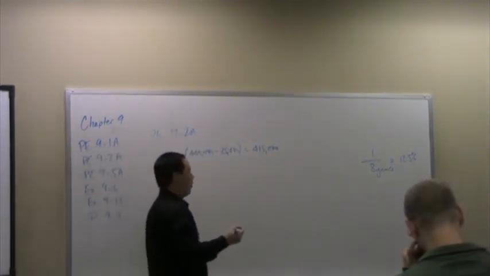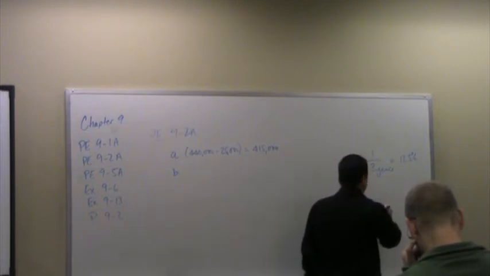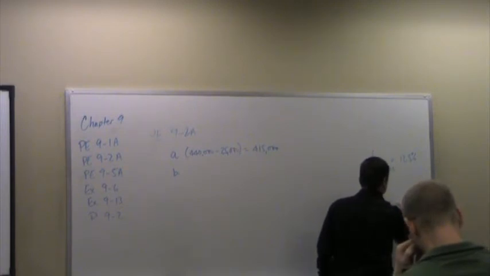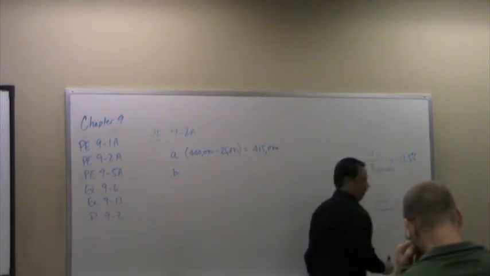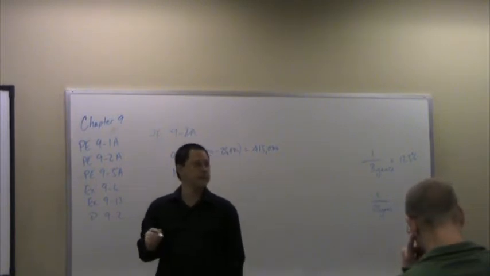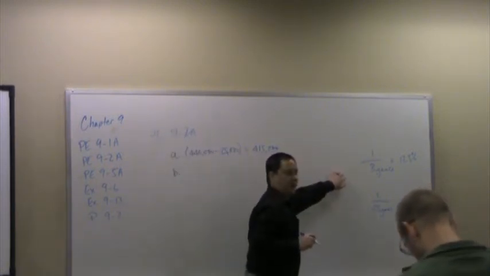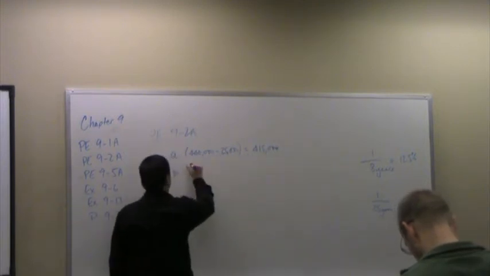So when we do another one later tonight where we'll have 25 years, I would take 1 over 25 years, and that means I would do 4% every year. So this is how you figure out the second part of that problem.